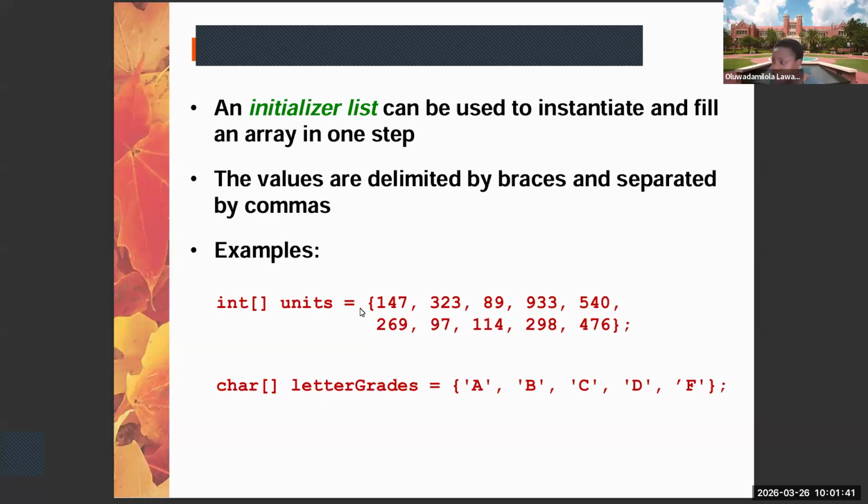So we have the curly braces and we have the comma separating values. Here, we are not declaring the size. So what is missing with this initializer list? The new operator is nowhere to be found here, and we are not declaring the size of the array.